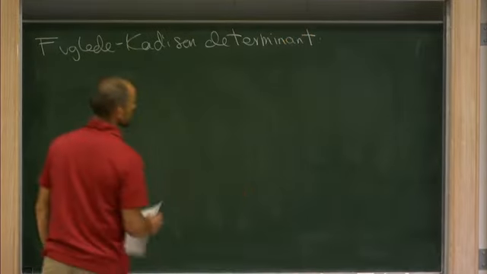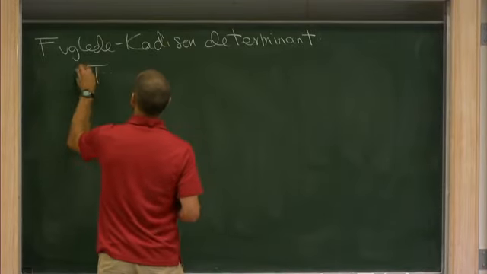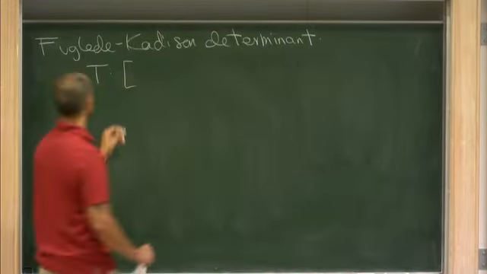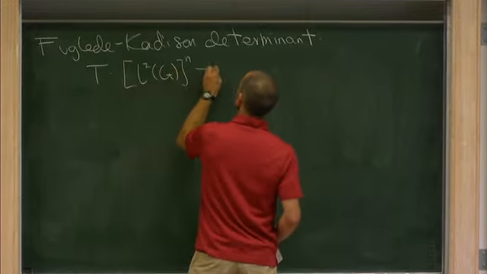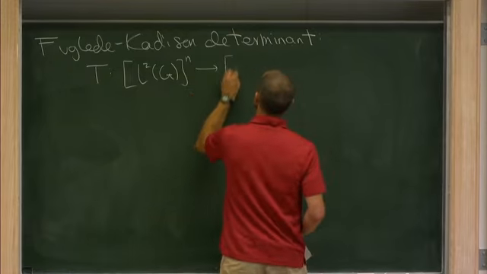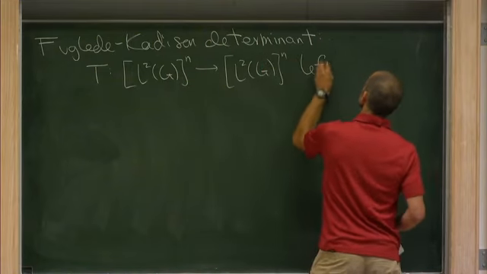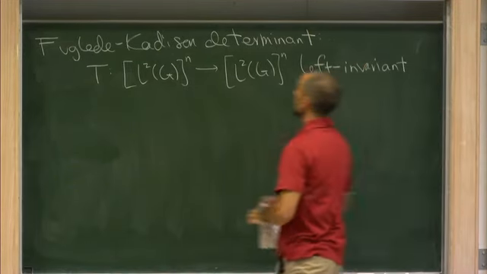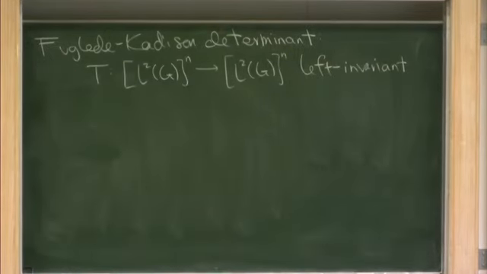Right, so let me write down the definition here. I have an operator T, and I'll just think about the special case that we're going to have. So we have L2 of the group raised to some power, right? So just tuples of L2 functions, left invariant and bounded. All right, so the group acts on this thing on the left, and the operator should commute with the left action, okay? And bounded.